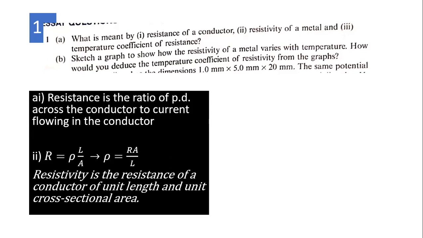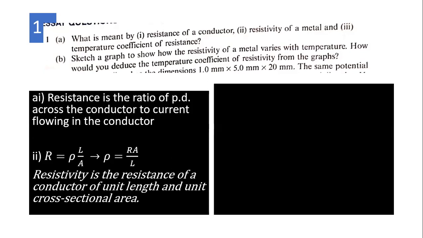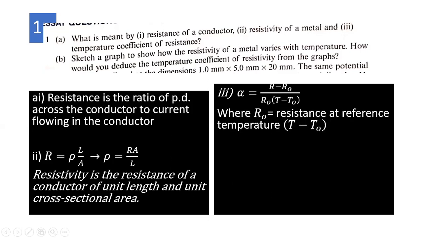You're asking temperature coefficient, this is the formula. And then tell the examiner what the symbols stand for. That's all you need to do. Write down the formula. If you don't want to write in words, then tell the examiner what is R. R naught is the resistance at reference temperature.